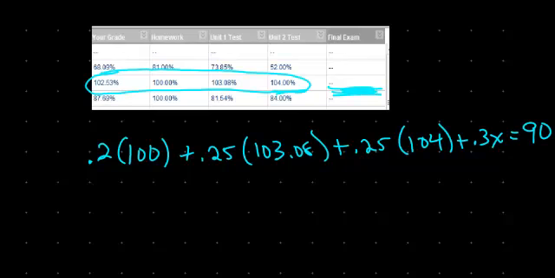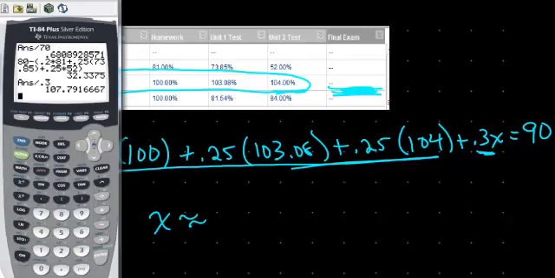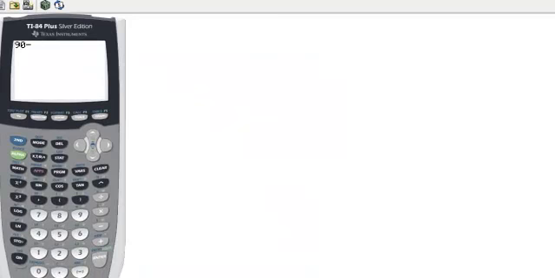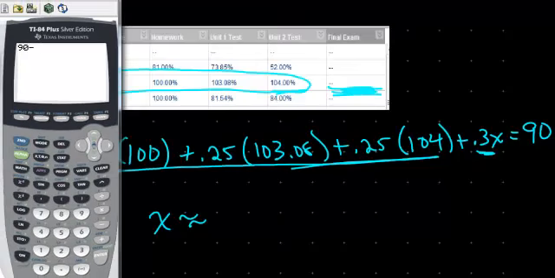Okay, so quick and easy here. I'm going to do 90 minus all this stuff, and then divide out by the 0.3 and get x approximately equal to, let's see, 90 minus 0.2 times 100 plus 0.25 times 103.08 plus 0.25 times 104.